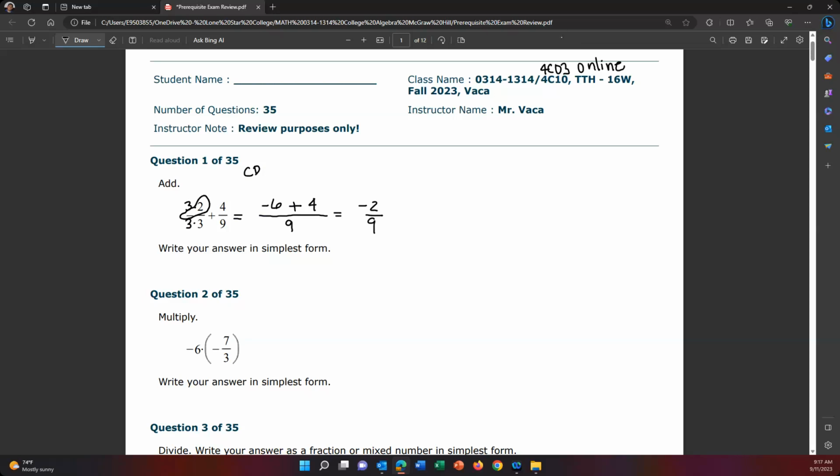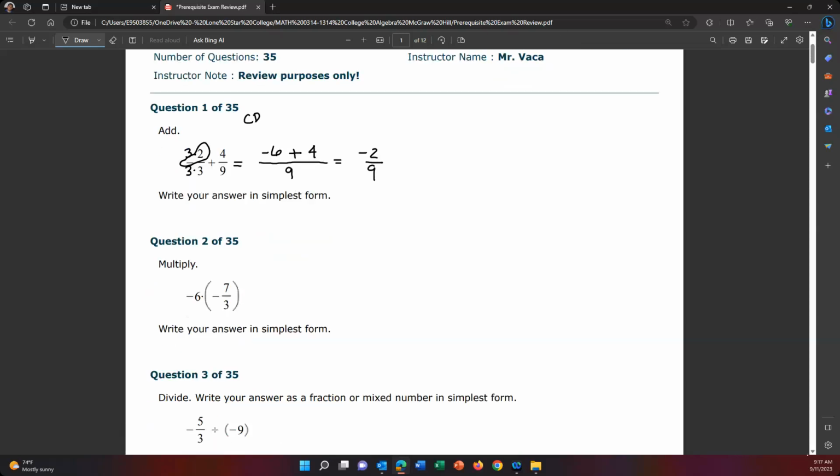On the second example, it seems like they want us to multiply some fractions. Okay, so let me rewrite this. Maybe I can make it a little bit better for you. -6 over 1 times -7 over 3. When we multiply across, first of all, let me get the sign correct.